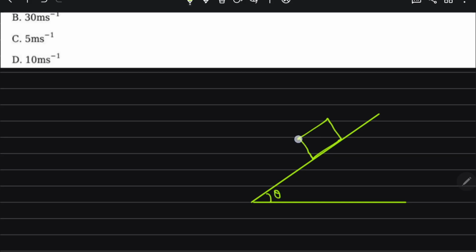So here you see, I make the car, and here the tires are there, right? So normal reaction is acting perpendicular and weight mg is acting.